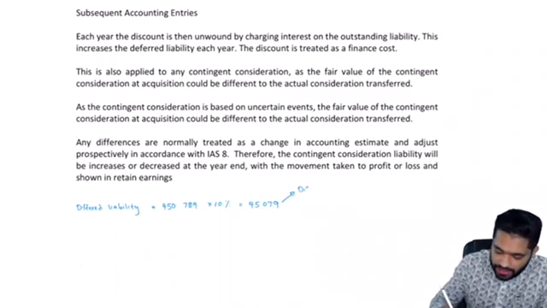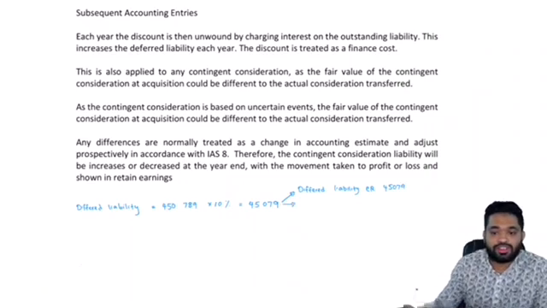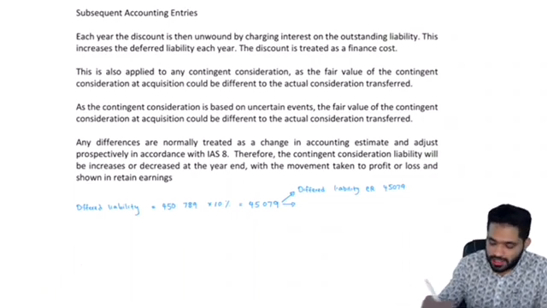So your deferred liability will get credited by 45,079, and this is going to be treated as a finance cost.